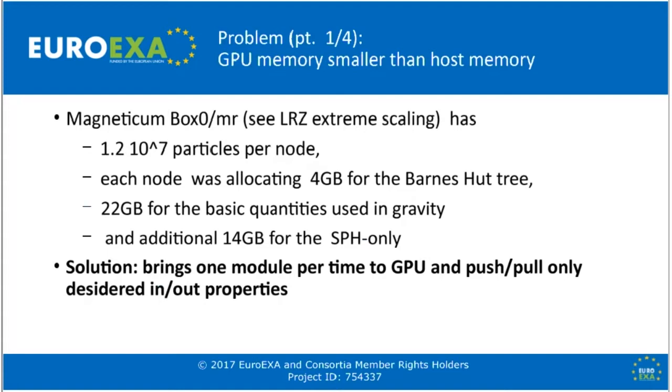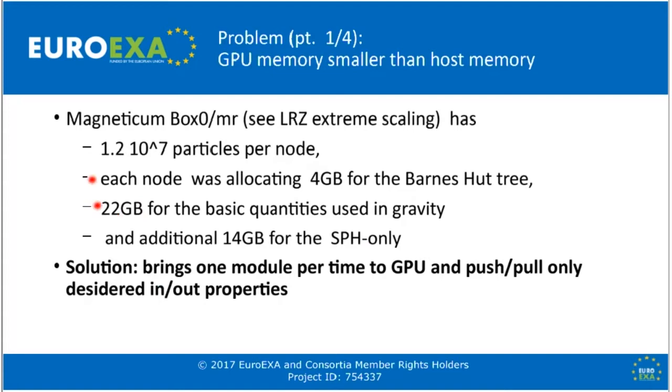So how we dealt with the fact that GPU has smaller memory than the host memory. Yeah, for instance, I show you an example of a very large simulation that was run in 2015. We saw that the total amount of memory for a computing node in this simulation, that was run at LRZ, was more than 30 gigabytes of memory.